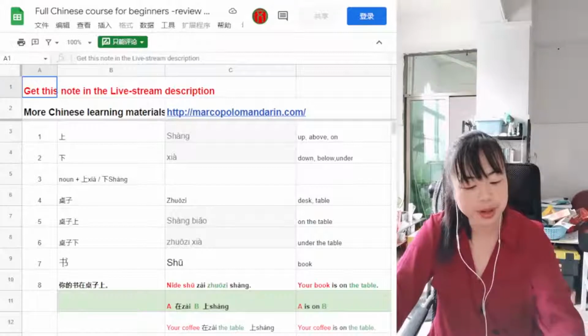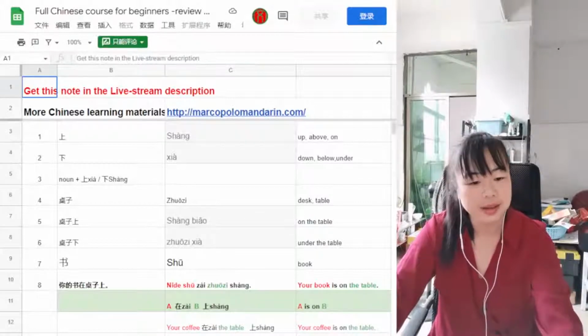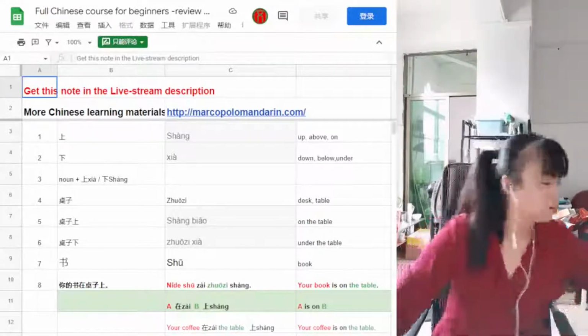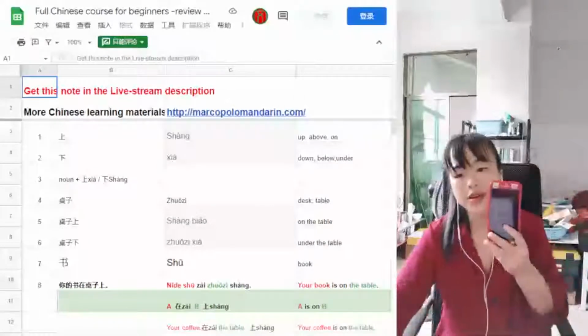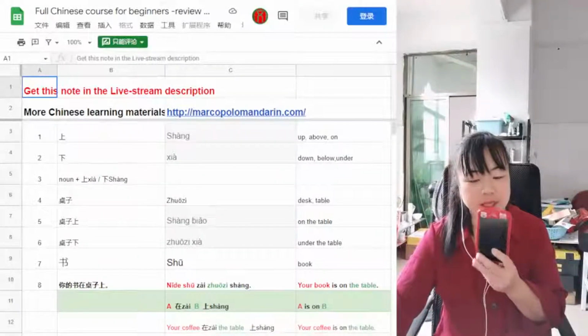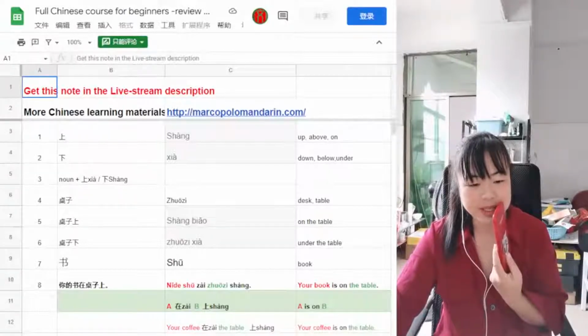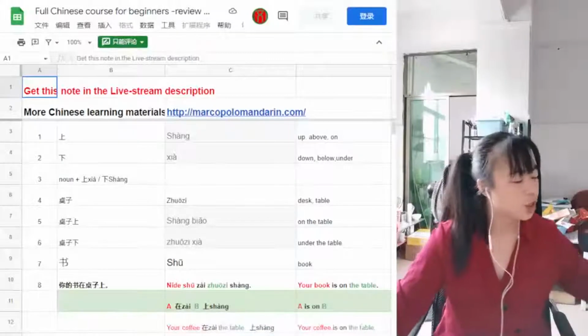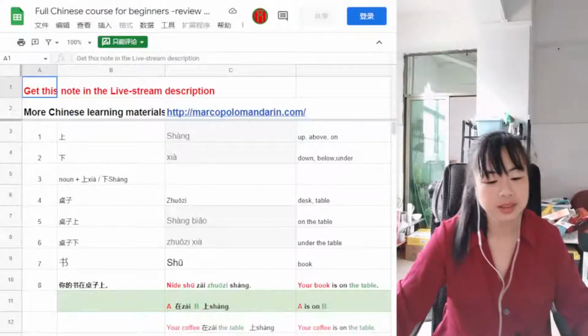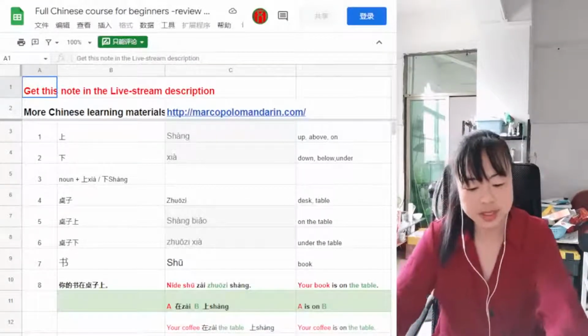Do you still remember how to say cell phone? This is a cell phone. How do you say it in Chinese? A cell phone is 手机.